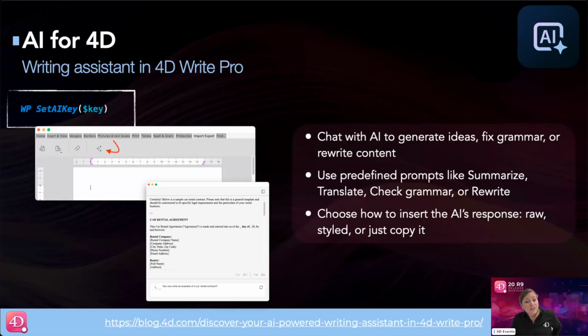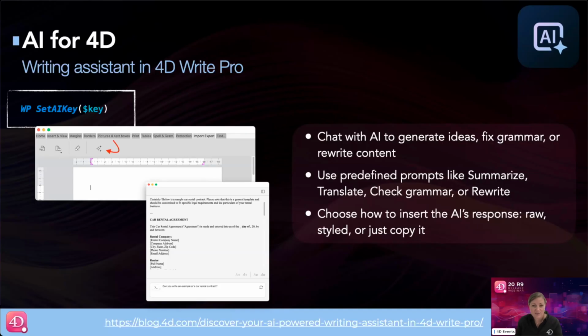Writing just got a major upgrade for the Write Pro. Like I said, with 4D 20 R9, we now integrate an AI-powered writing assistant right inside your document editor. Whether you need to rephrase, correct, summarize, or even translate, AI is here to help you in real time, directly in the 4D environment.